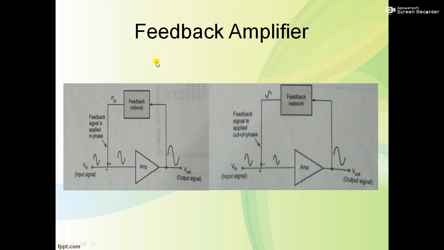Actually, these parameters are nearly constant in the amplifier circuit, but sometimes, due to some distortion or to improve the quality of the amplification, we require to change these parameters. At that time, this can be achieved by one technique, that is known as the feedback technique.